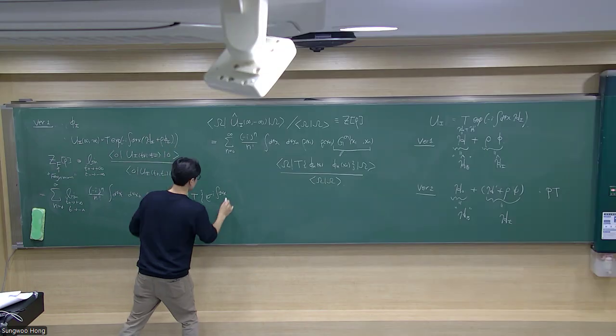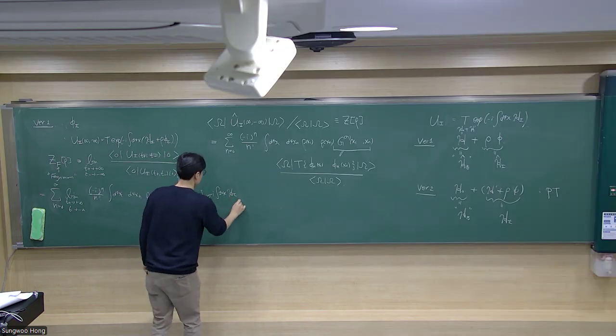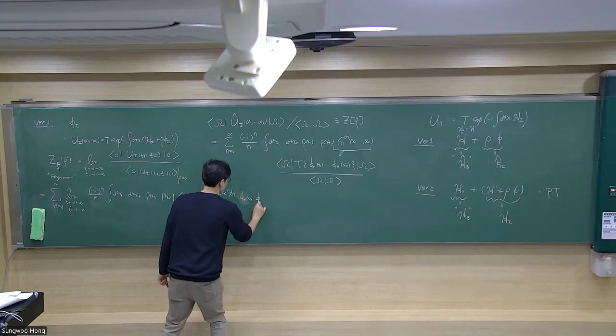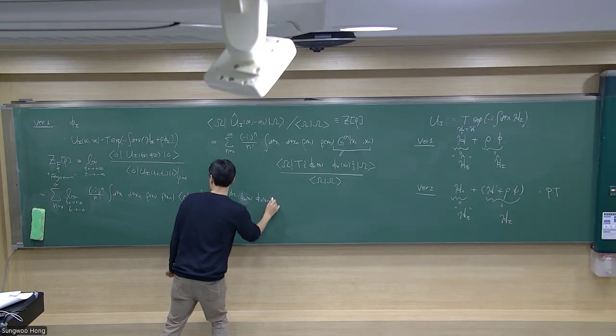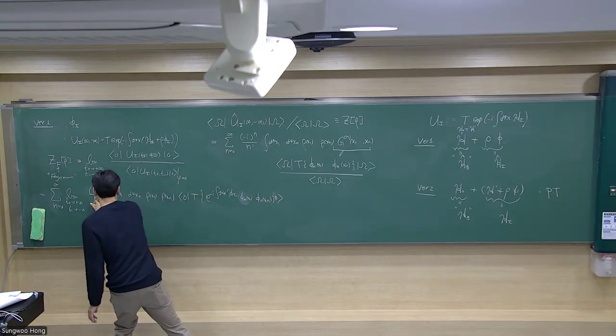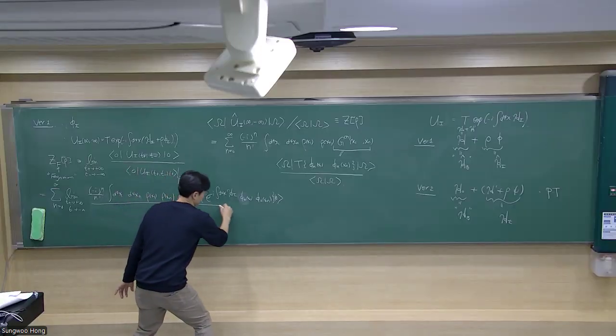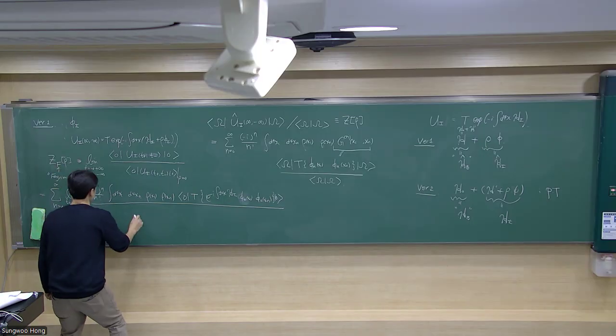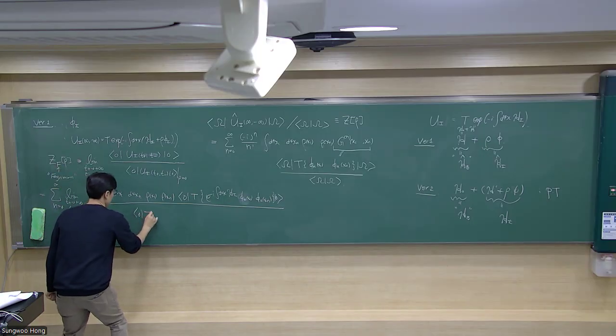So since I expand this, I just have this. And then I will have a sum of phi over this object. That object is these two, right?